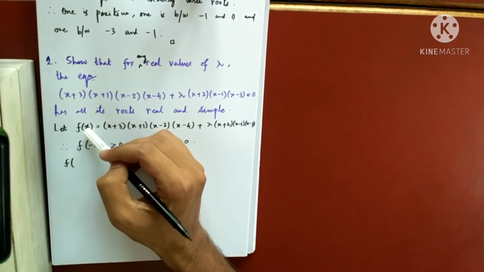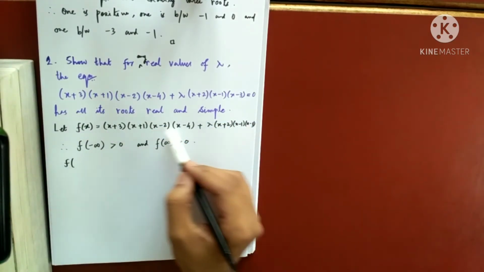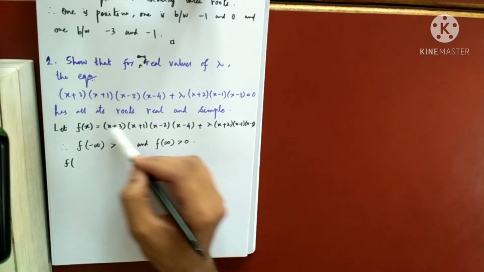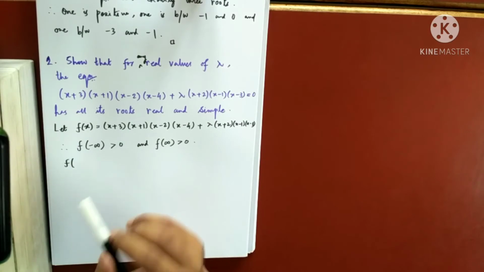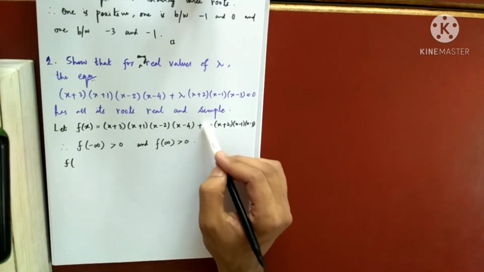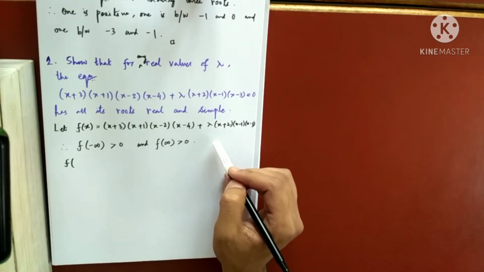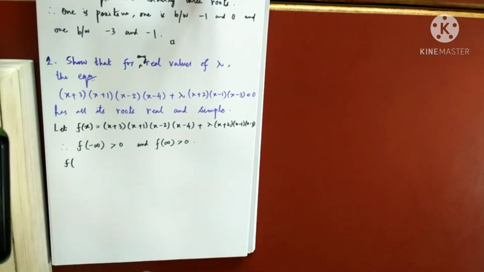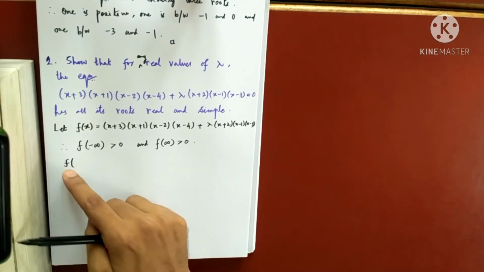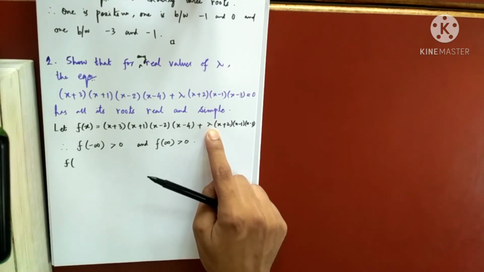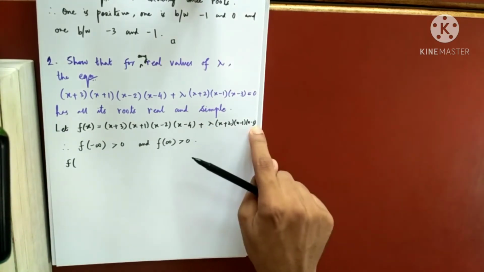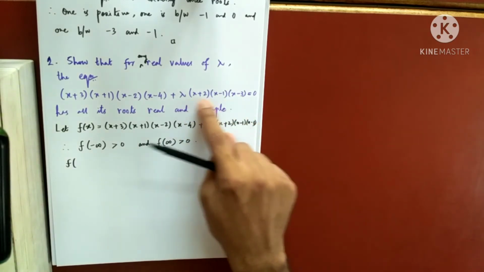If I am finding f of 2, this will be 0 because if I put 2 here, this whole thing will be 0. But I cannot tell you the sign of f of 2 because that will depend upon lambda. Lambda takes what sign? So we will not find f of 2. We will find f of those values of x for which lambda will not be there. That means we will try to make this term 0.